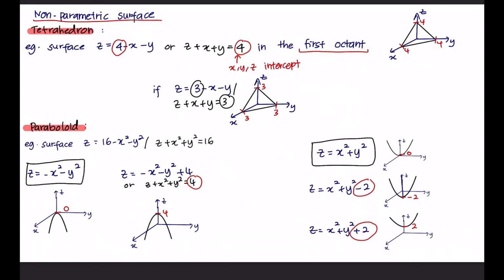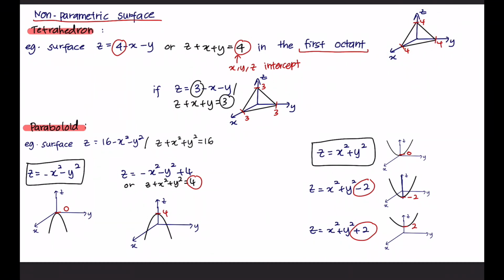This surface is a tetrahedron, where this value here is the xyz intercept. So for this example, the intercept is 4. When you draw the figure, the intercept is 4.